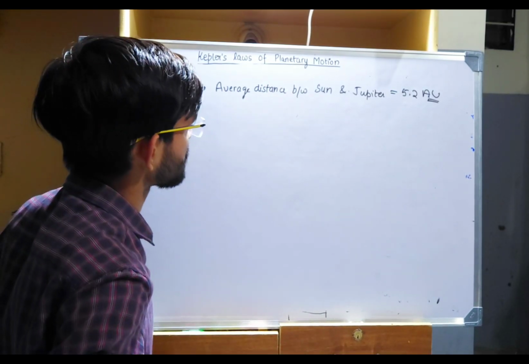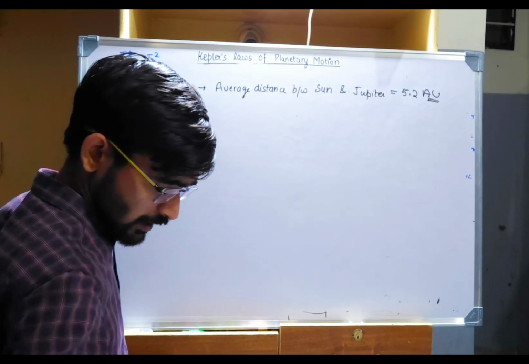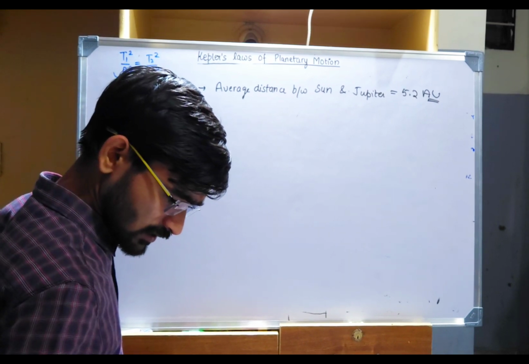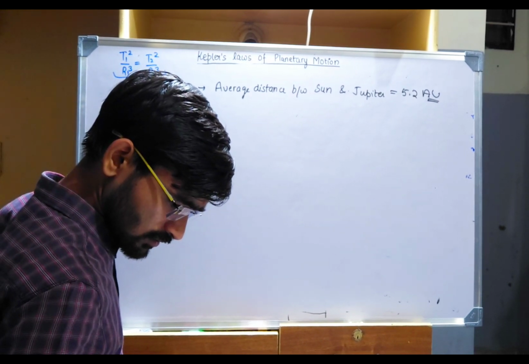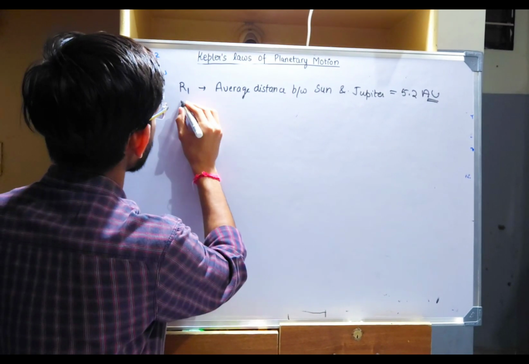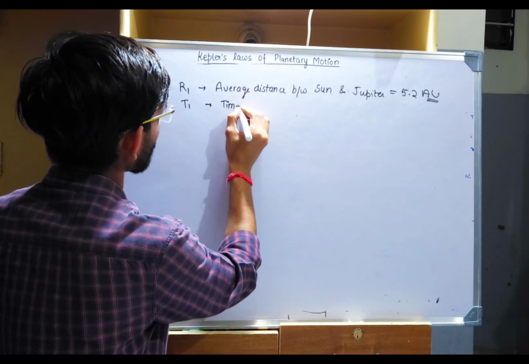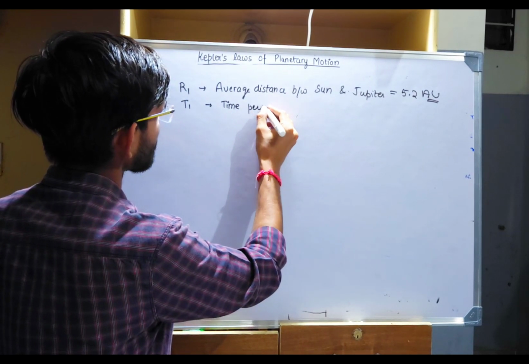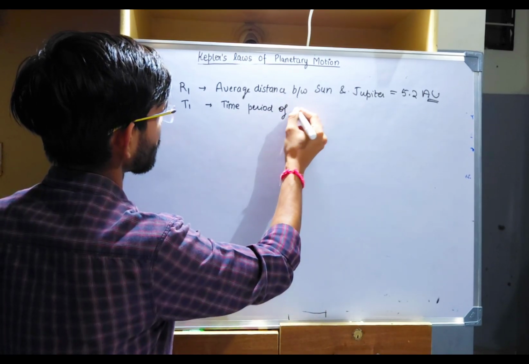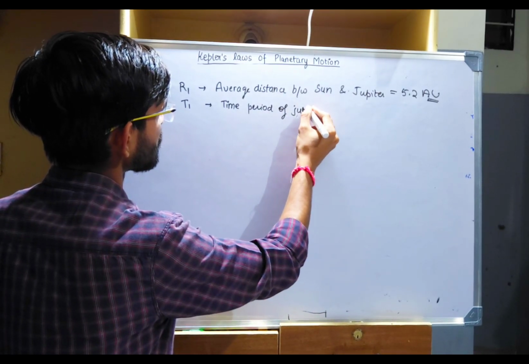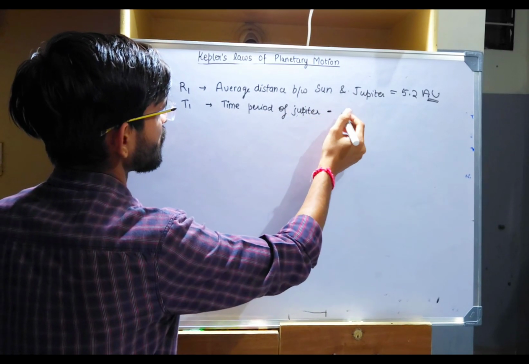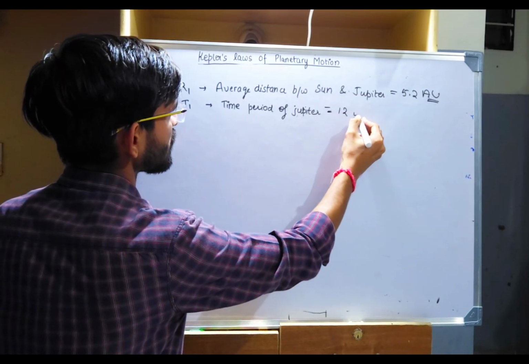So R1 is the average distance between the Sun and Jupiter, and the time period of Jupiter is given as 12 years.